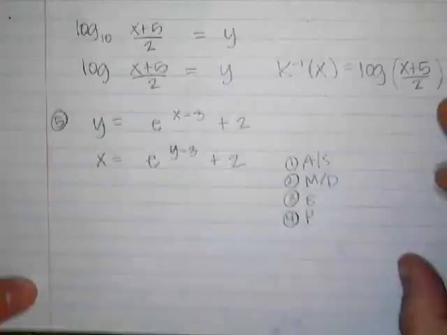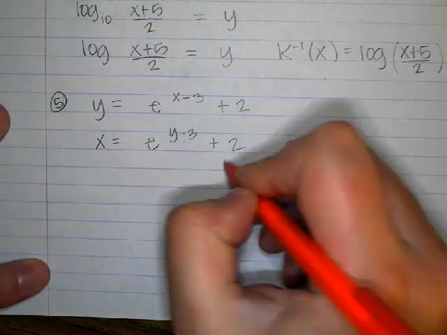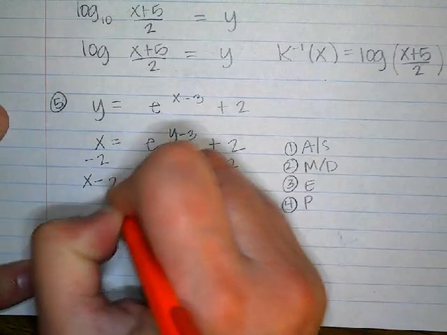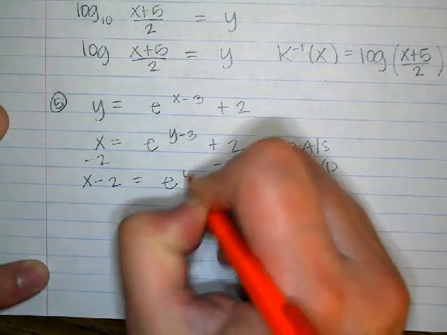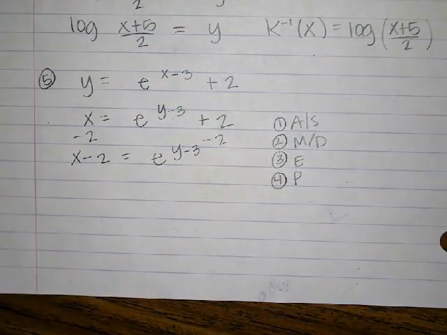And what do we do next? Subtract the 2. So x minus 2 equals e to the y minus 3. And then what do we do? We ln. Yep.